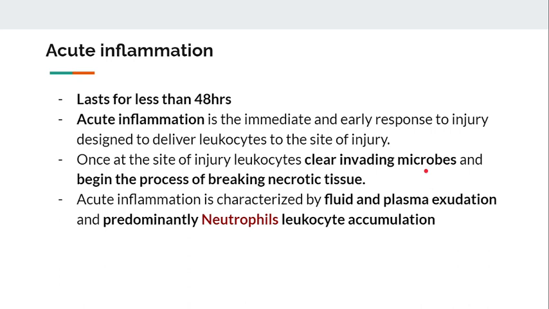So when these neutrophils fail to do their job under acute inflammation, when they fail to clear these microbes and break down necrotic tissue, that's when the condition becomes chronic. Then that's when you are expecting macrophages to be at the site.